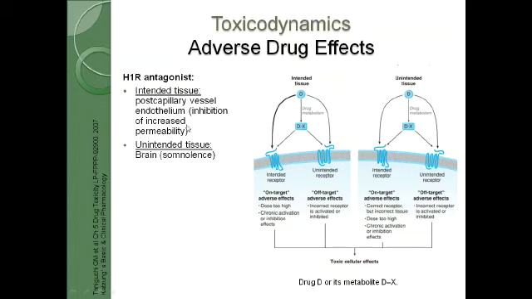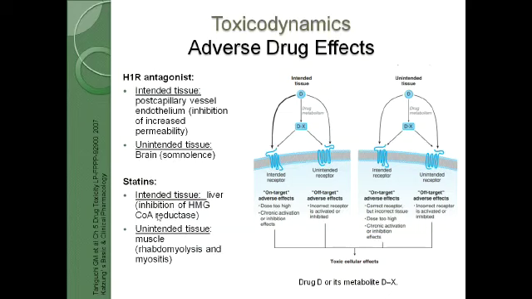And we want to inhibit increased permeability, so we want to reduce the symptoms of, for example, allergic rhinorrhea, allergic sneezing in allergy. But this drug can also act on an unintended tissue like brain. And so antagonization of H1 receptors in the brain will cause somnolence.